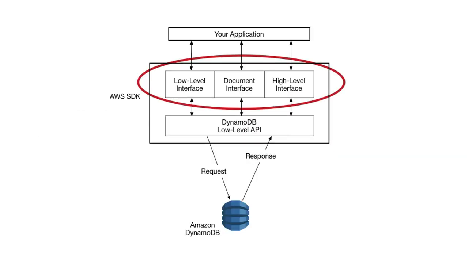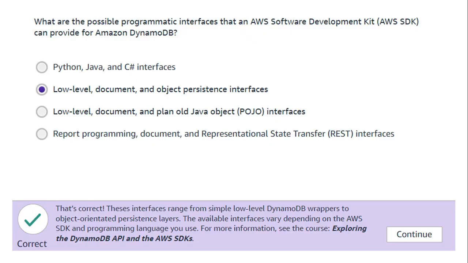This is the basic structure of DynamoDB: request, response, DynamoDB at the lower level. The AWS SDK has a low level interface, a document interface, and a high level interface, and these all connect to the application. The correct answer is low level, document and object persistence interfaces.